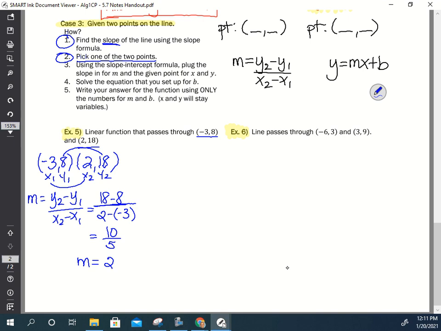If you want to use both of them to make sure you get the answer correct, that's fine, but you only have to do one. I'm going to show you using both of them so that you can see that it does work, but you yourself don't have to do it that way. So you get to pick which point you use, either negative 3 comma 8 or 2 comma 18. All you have to do is pick one.